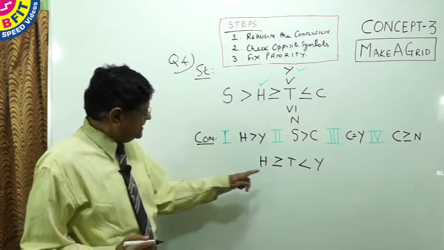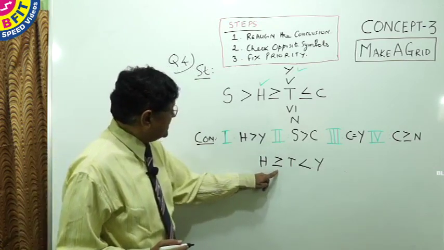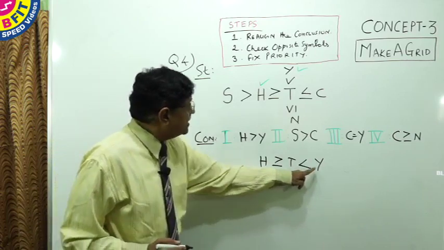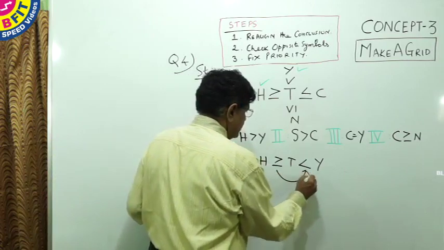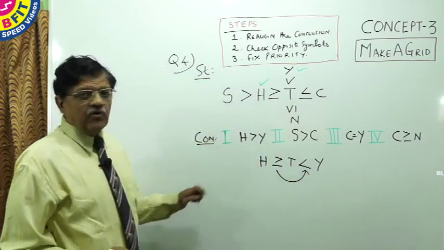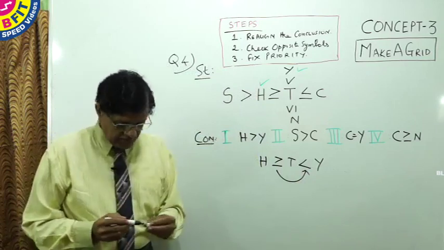But when we look at the statement, H is greater than or equal to T, less than or equal to Y, there is a conflict of symbols. Opposing symbols are there, therefore conclusion 1 does not follow.